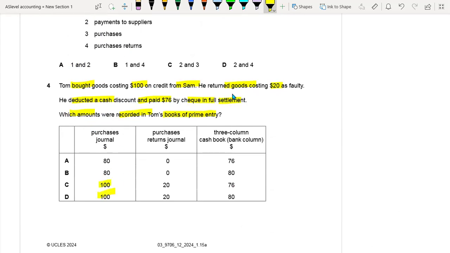And after that, he returned the purchases, which cost $20. So you will be recording $20 in the purchases returns journal. And he paid $76. So he will be recording this $76 in the three-column cash book. So it means that C can be the right option.